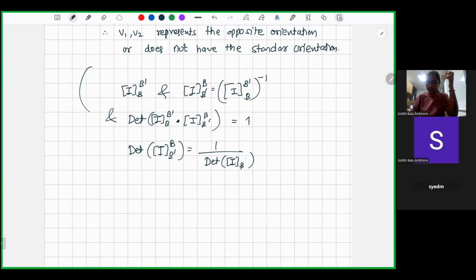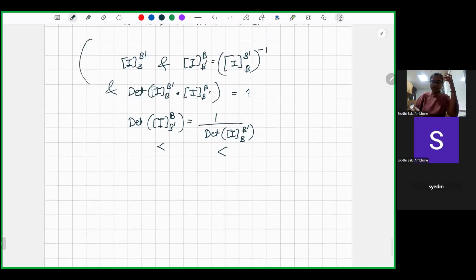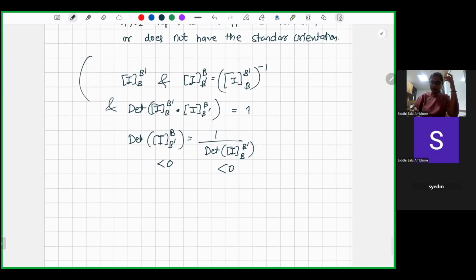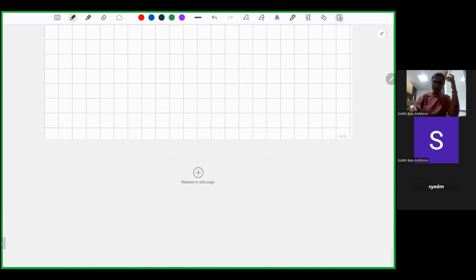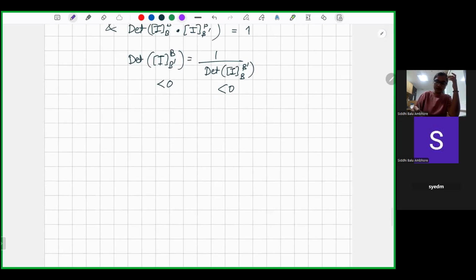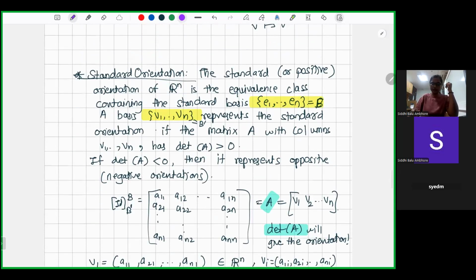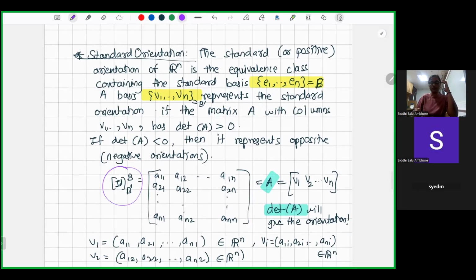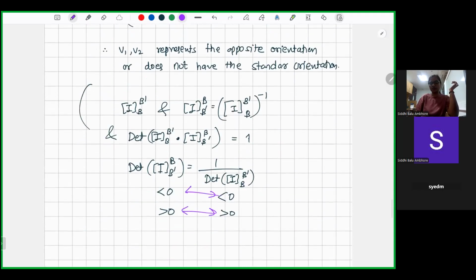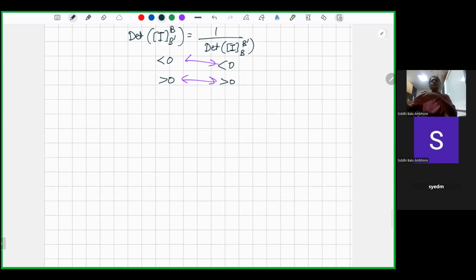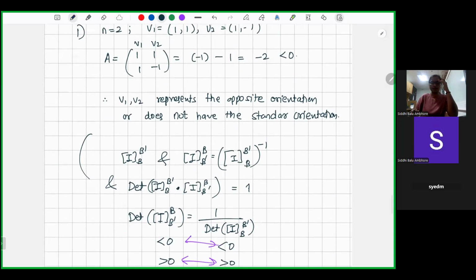So if this is negative, this will also be negative, and if this is positive, then this will also be positive. So going from B to B dash or B dash to B does not really matter. You can go from any basis to any basis and check whether they belong to the same orientation class or not.